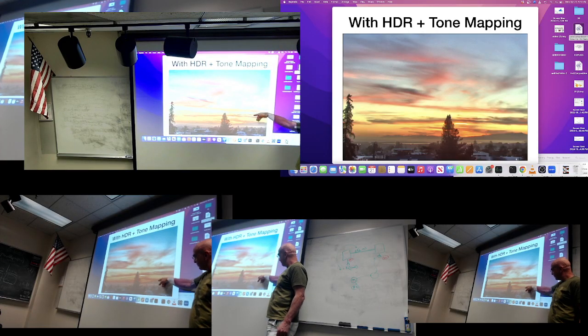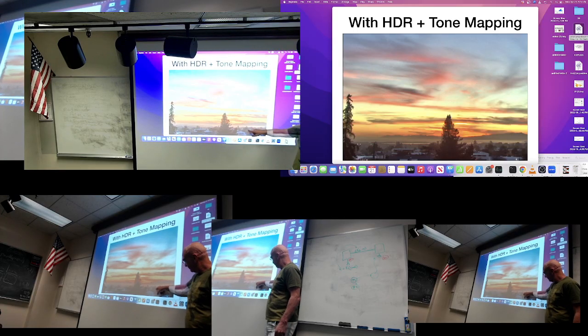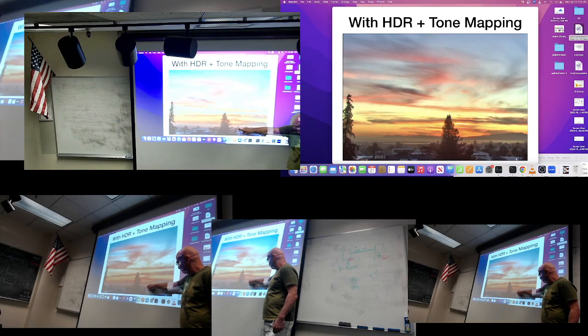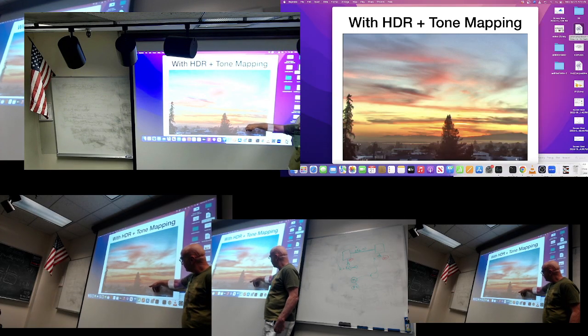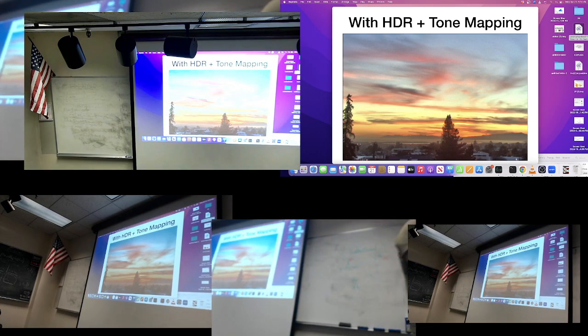And after HDR, we can see the trees, the branches, even though they are in the much darker part, and we can see the details of the clouds on top, even though the original difference of intensities of this portion of the image is huge.